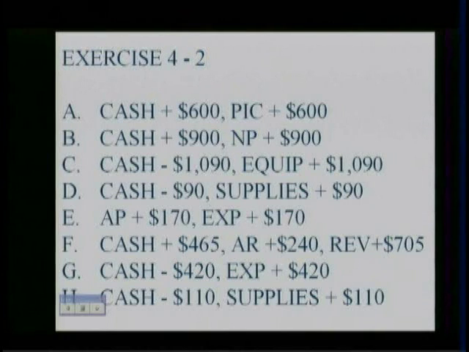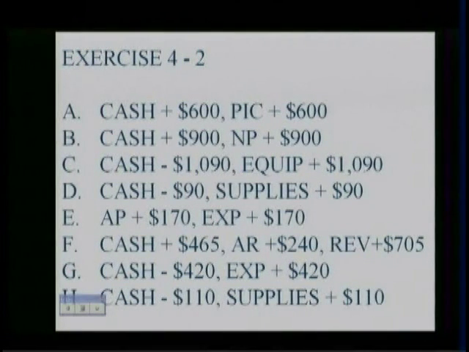So you have 3 things happening here. You have cash going up by $465. You have your revenues going up by $705. And the difference between those two numbers is $240, and that's the amount that your accounts receivable increased. So cash was up $465, accounts receivable $240, and your revenues went up $705.